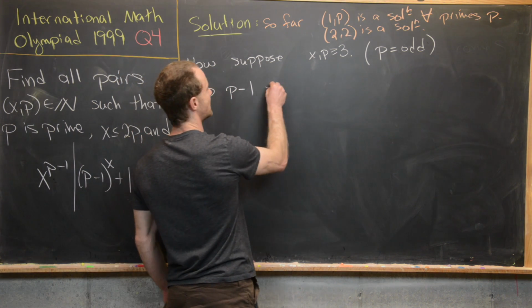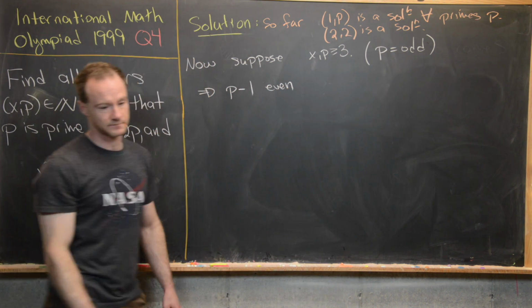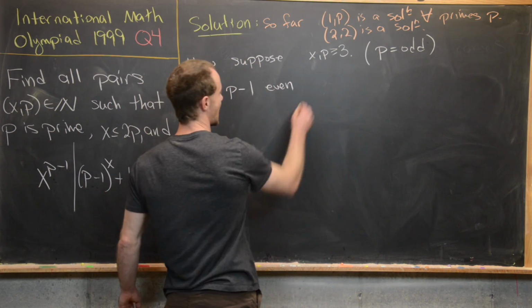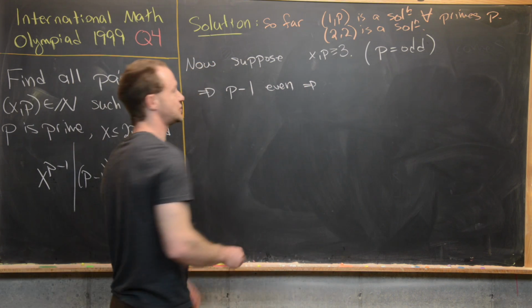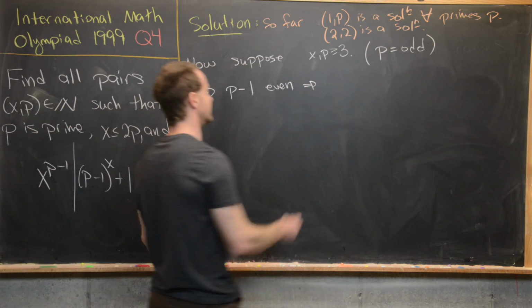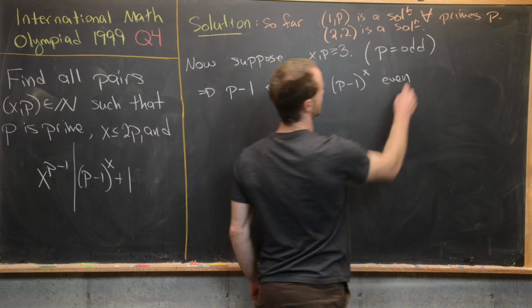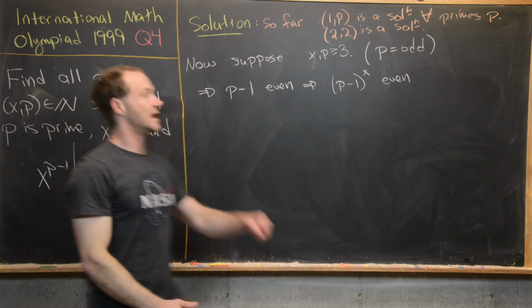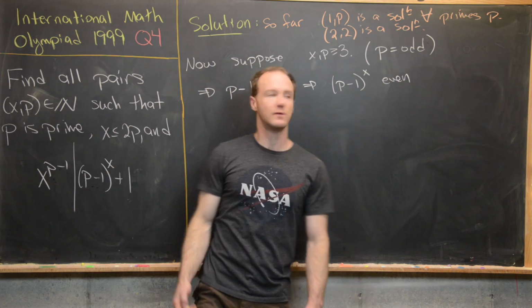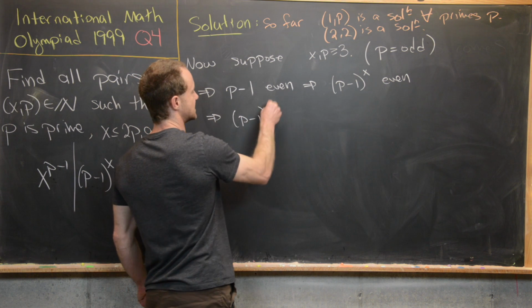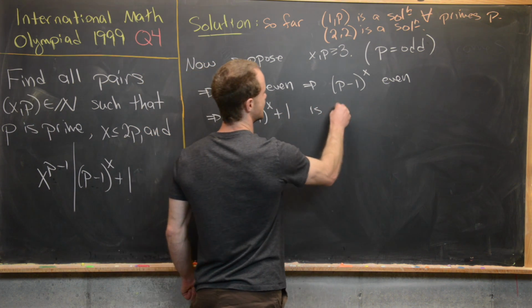That tells us that p minus 1 is even. But notice over here we have (p minus 1) to the x, but any even number to an exponent is also even. So that tells us that (p minus 1) to the x is also even. But that means if we add 1 to it, we'll get something that's odd. So in other words, we have (p minus 1) to the x plus 1 is odd.